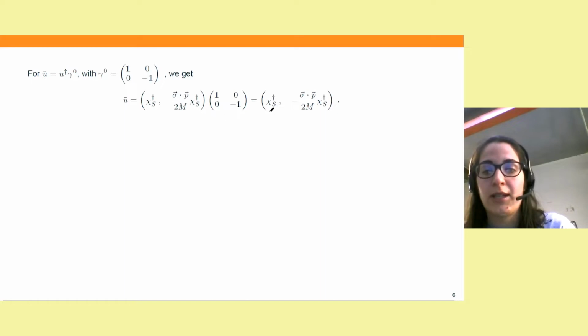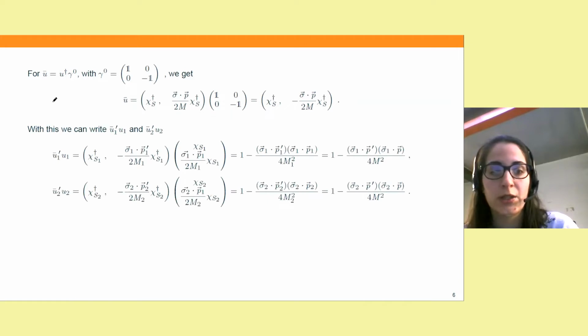So we have the Pauli spinor dagger here, and here minus the Pauli matrix times the momentum divided by 2 times the mass, and the Pauli spinor. Okay. So now that we know how this ū looks like, and also the u, we can compute the product, right? Because in the vertex, we need the product of the two.